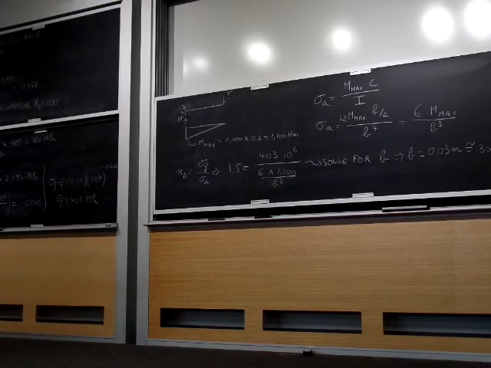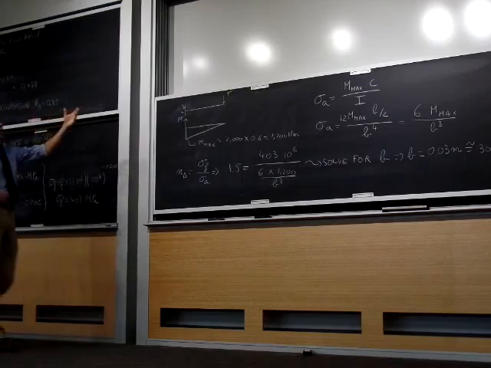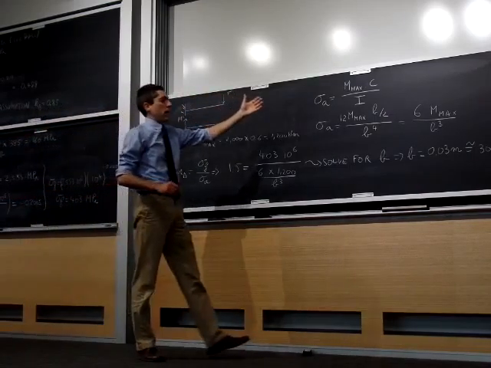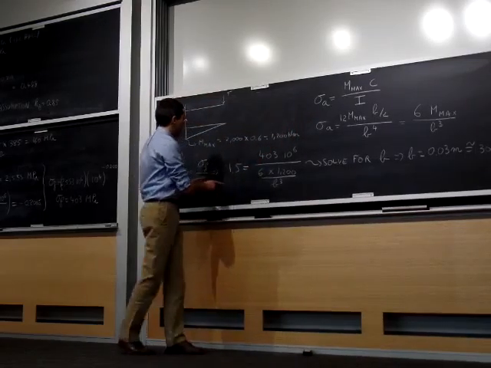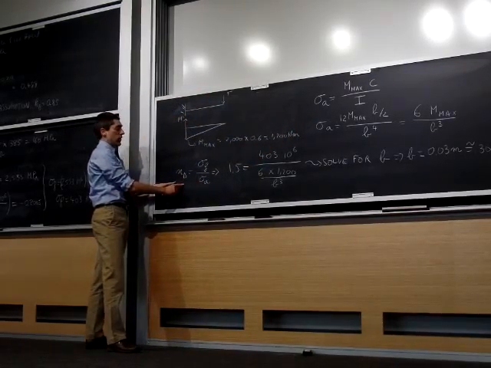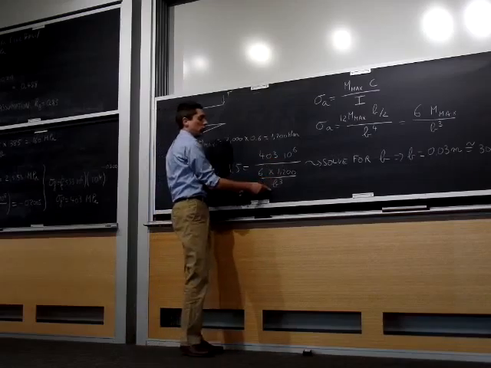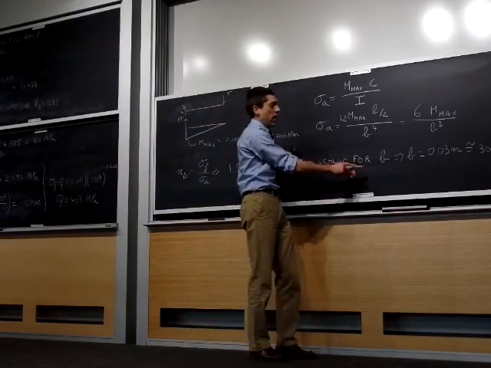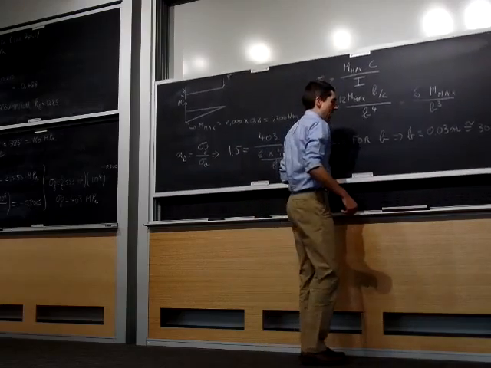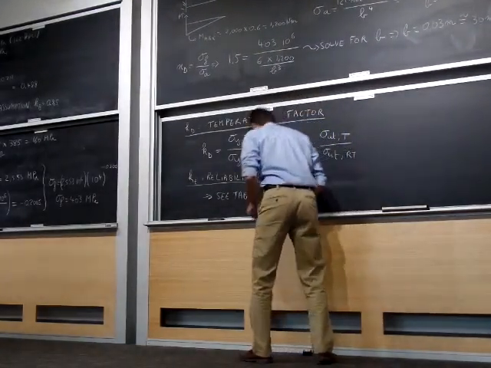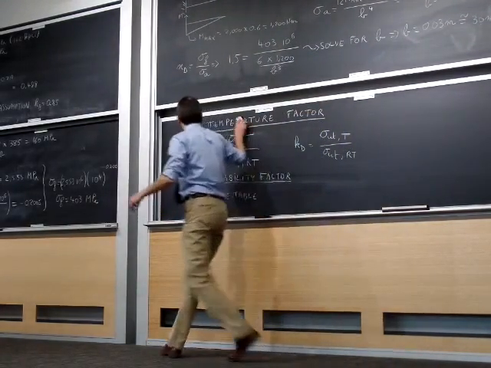Then we say, what's the loading situation here? It's pure bending, so we can calculate sigma a using the flexure formula. We start from the definition of our design factor, we plug in all those values, and we find the unknown design parameter b.